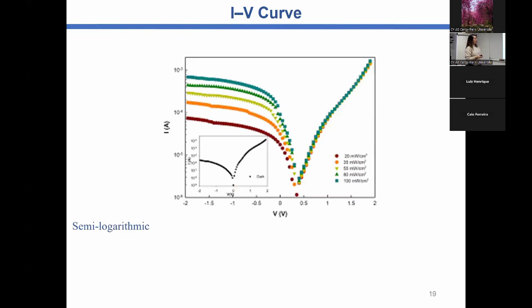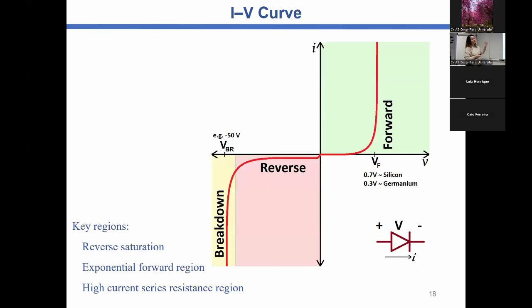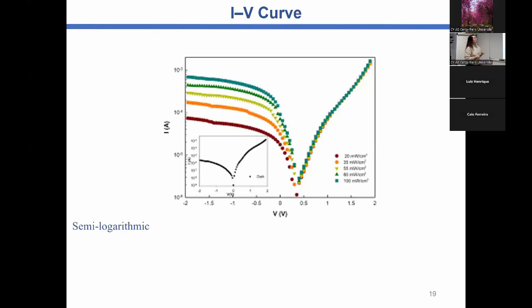We can also analyze the JV curves. This is an IV curve. JV is just in terms of current density, but the IV is the current. But we can also analyze the current in semi-logarithmic format, right?